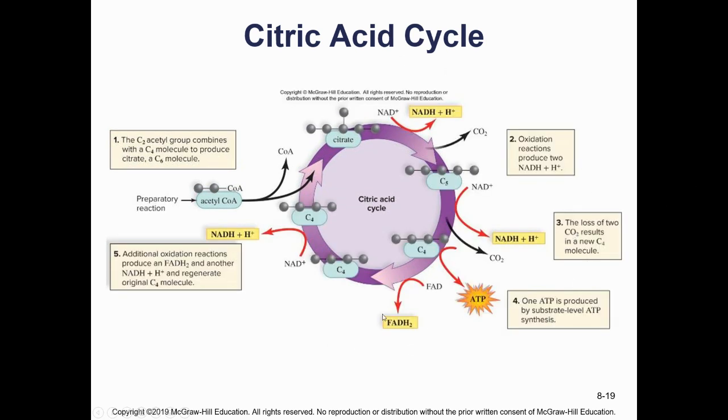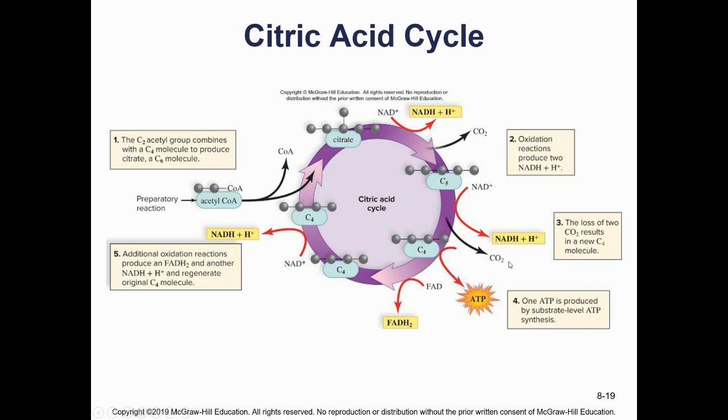Here's the whole process where my other inputs come in. So my acetyl-CoA comes in, joins with oxaloacetate, forms citrate. My taxicab picks up a hydrogen from the citrate. It also lops off a carbon and 2 oxygens that get exhaled as carbon dioxide. Some more NAD comes in and picks up some more hydrogens from this intermediate, and I get rid of some more carbon and oxygen.